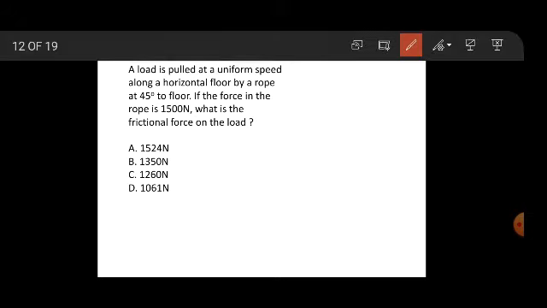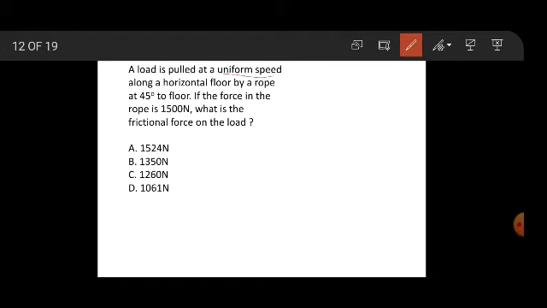Now look at another question here. It says a load is pulled at a uniform speed along a horizontal floor by a rope at 45 degrees to the floor. So this force is acting at an angle. If the force of the rope is 1500 newtons, what is the frictional force on the load? Okay, read the question again. A load is pulled at a uniform speed.